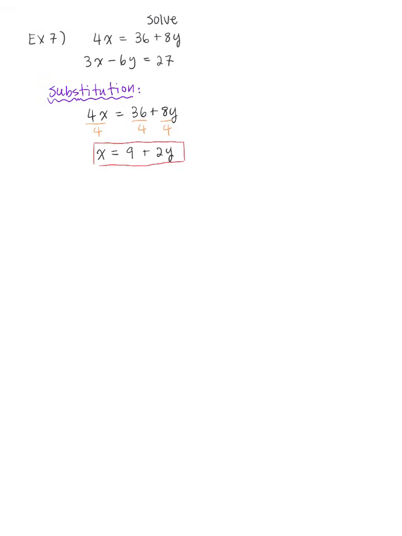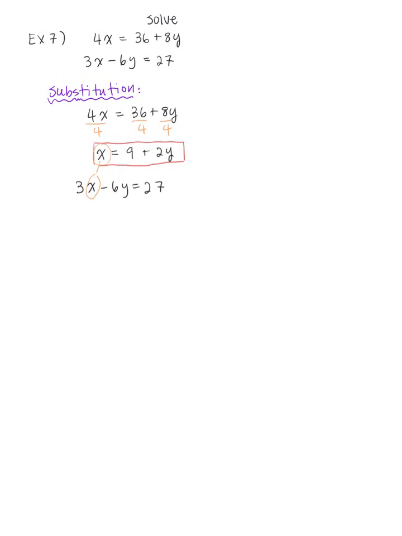So now the next step is this. You're going to take the equation that you have not touched, which in this case will be the second equation, and replace the x in the second equation with 9 plus 2y. Let me write every step out. So I'm going to take the second equation, and replace this x here.